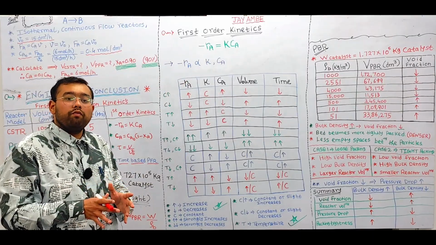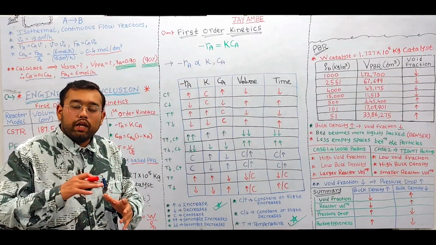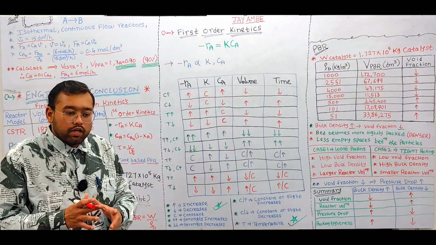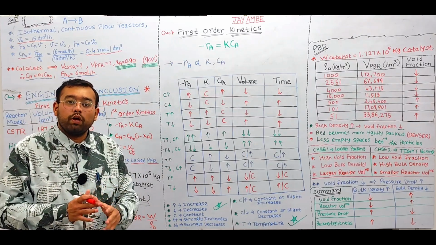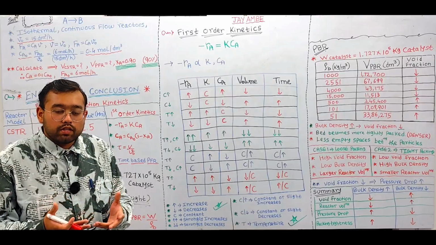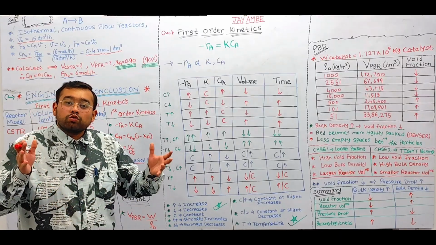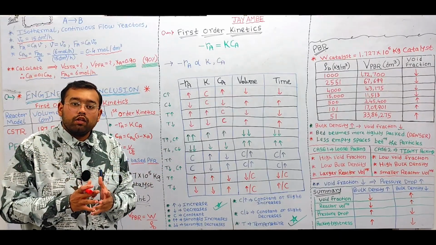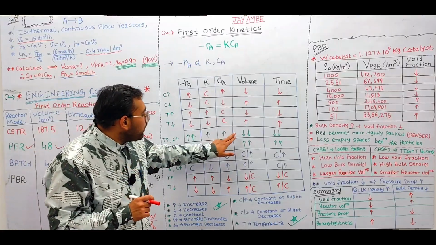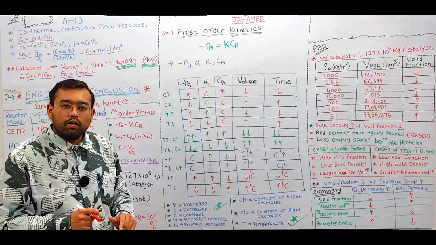If there is a strong increase in the reaction rate, the speed of the reaction becomes so fast that we'll require a very small reactor volume. So we'll have a strong decrease in the volume of the reactor, right?